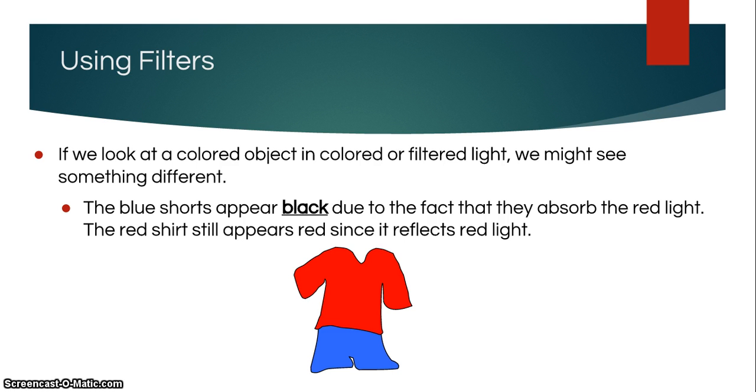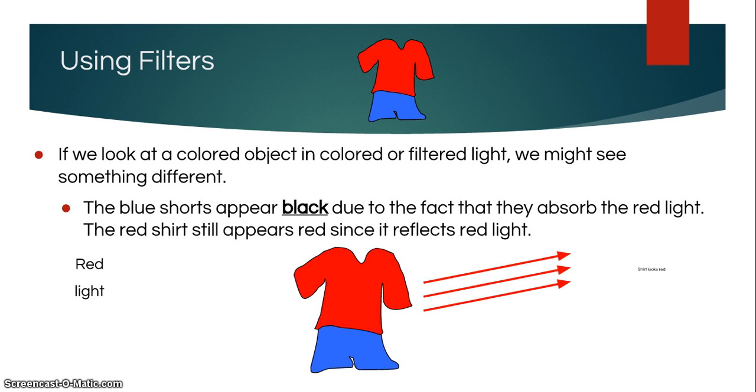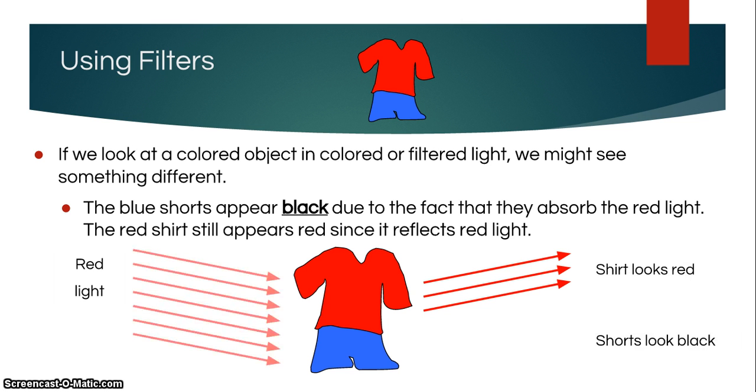So if we have this pair of pants at the bottom, okay, and we have red light, so we're using a red filter, okay, to come through. We are going to see, that's not lined up very well, but his pants will not look blue to us. So if we're using a red filter, the red light only will be coming through.